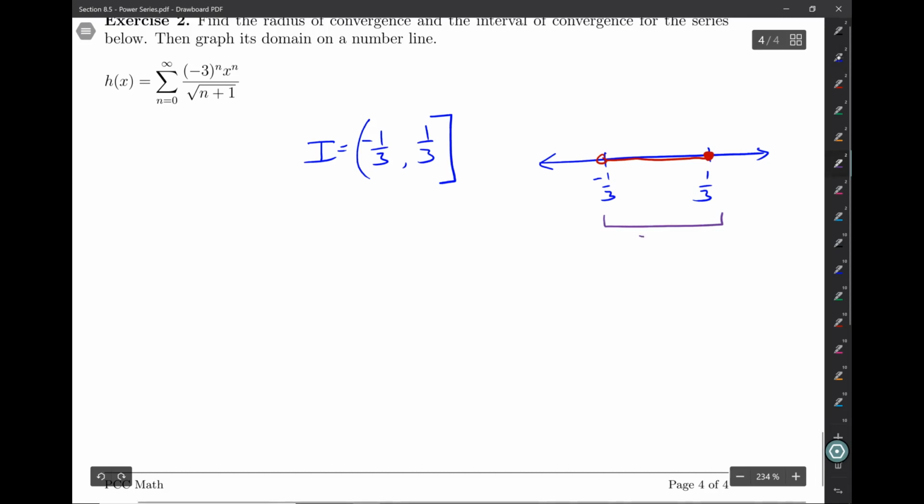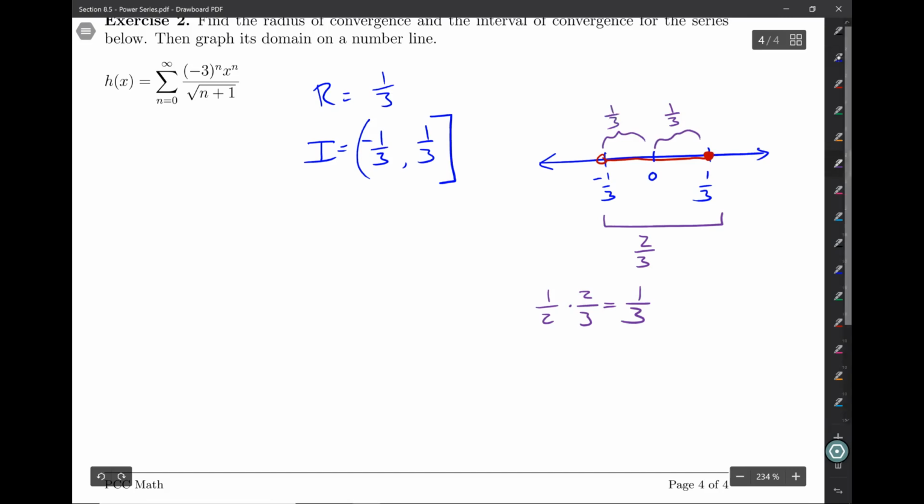Our interval has length 2/3, and so half of 2/3 is 1/3, and so our radius of convergence indeed is 1/3. Again, another way to see this is that you can find the center, and you can say how far out from the center it is to the endpoint. Turns out it's 1/3 on both sides.